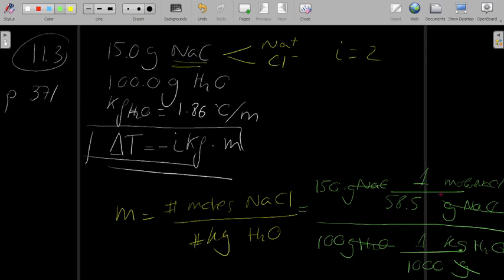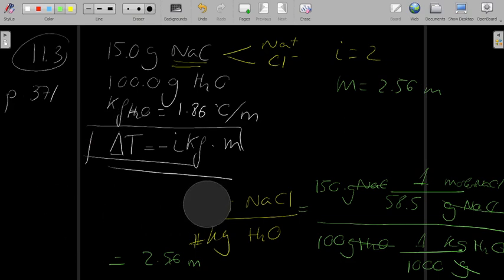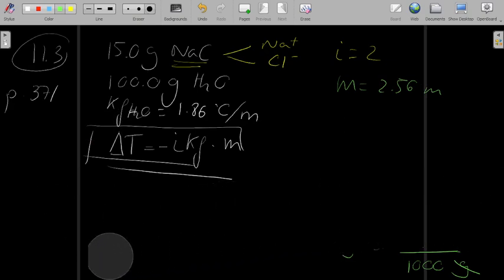You can break each step, the top and the bottom, into 2 different steps if you want to, or you can put everything in your calculator, and then you'll find out that you have 2.56 molality. So now I have everything I need. I'm going to put my molality here. I just found this, 2.56 molality. I can plug all the information now into the formula they gave me.